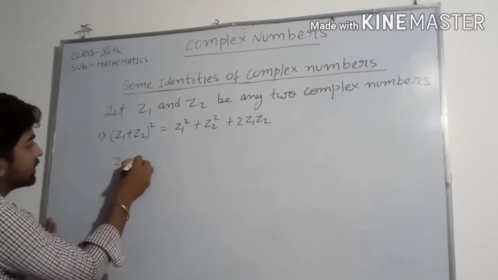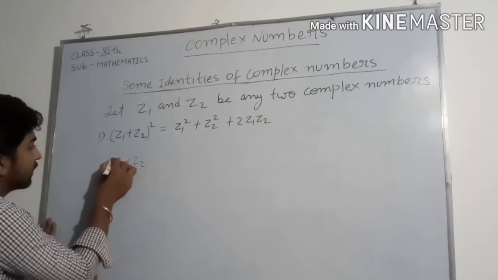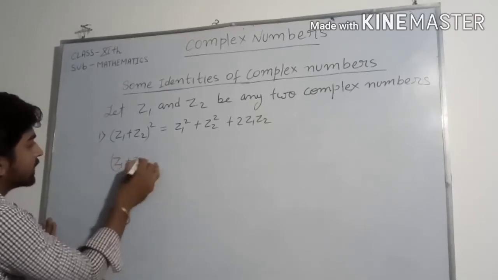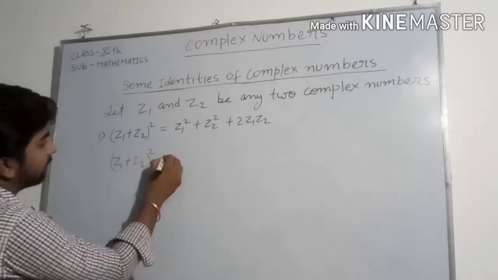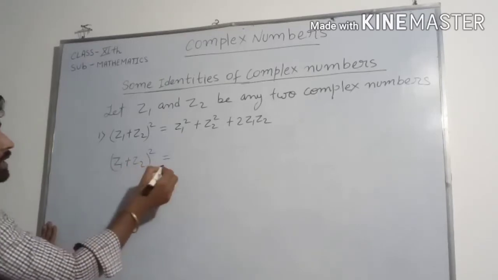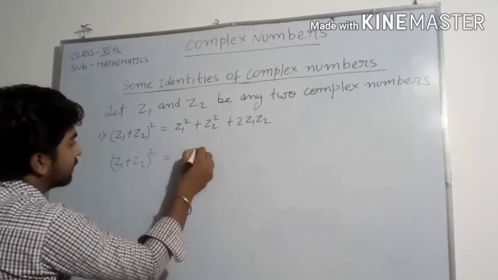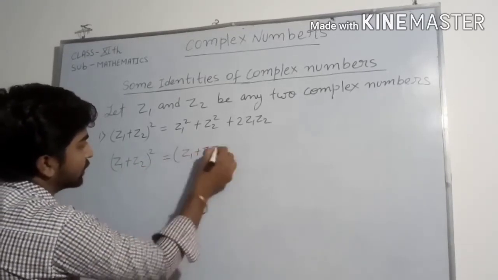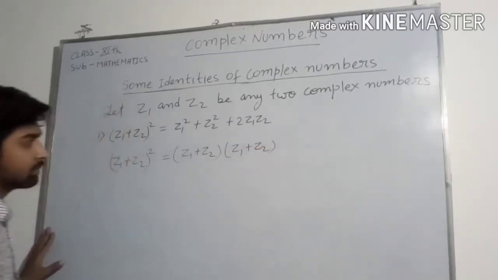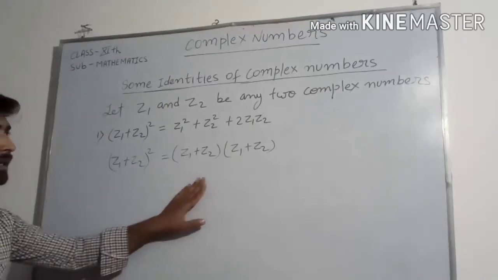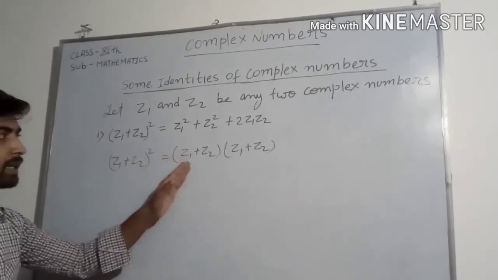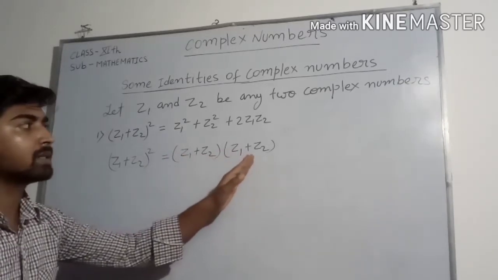We can write whole square of z1 plus z2 equals z1 plus z2 into z1 plus z2.